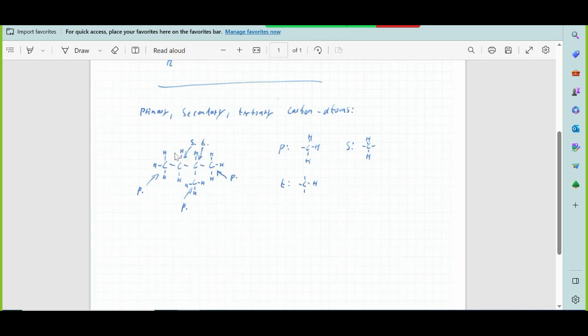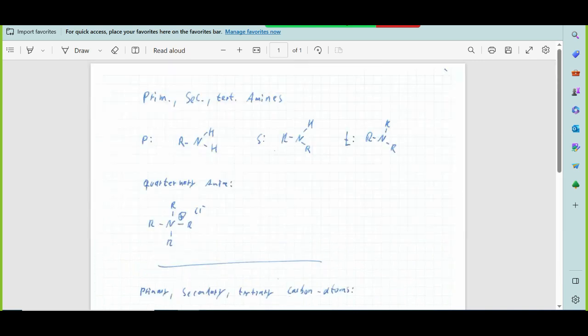This one is a secondary carbon because it's bonding to two carbons. And this one is a tertiary carbon because it's bonding to 1, 2, and 3 carbon groups. So this is a side note because we are going to need it later on when we explain the reaction schemes and the different compounds that they form.